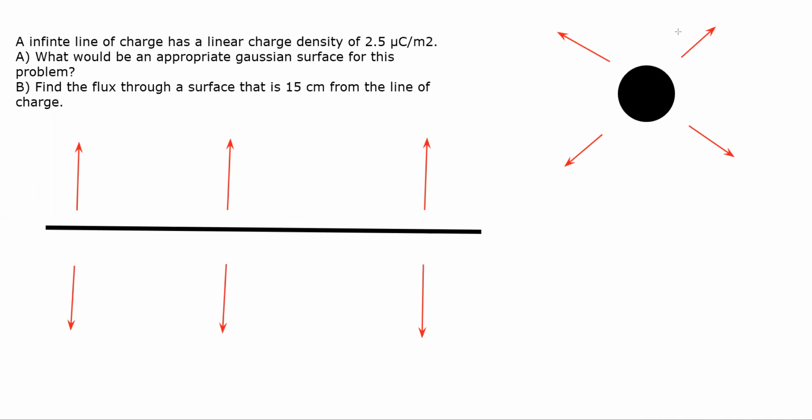So I'm going to pick my Gaussian surface here. Again, my Gaussian surface is an imaginary surface. It's not interacting with this. All it's doing is simply enclosing this charge. Let me move this a little bit. My Gaussian surface is not going to be infinite. It's going to be a fixed distance. So let me finish drawing it here.